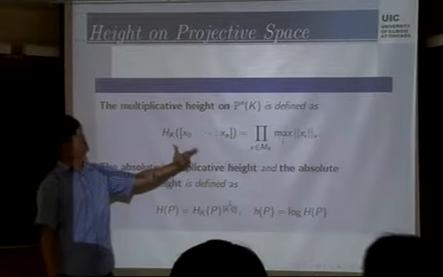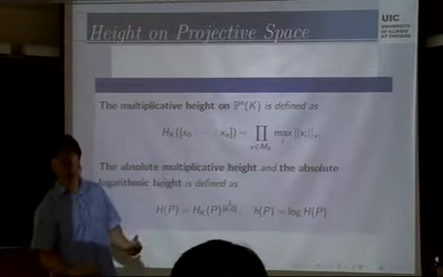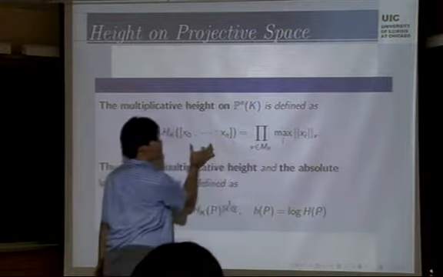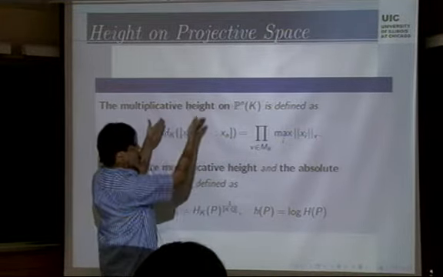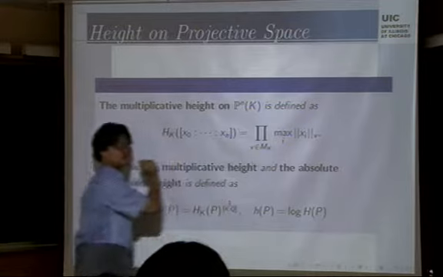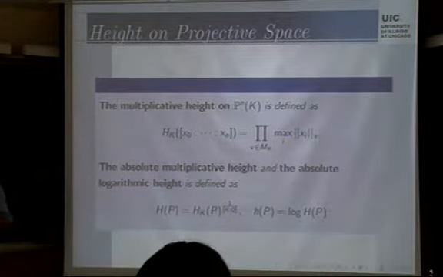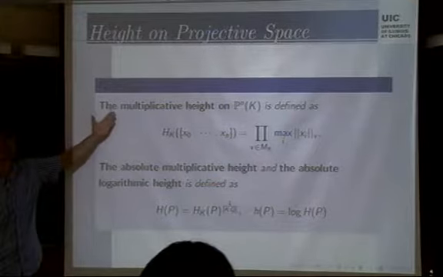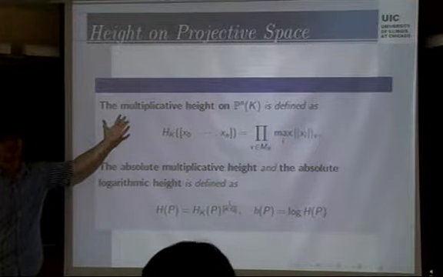So if you have points in projective space, we want to check how many primes are required to represent your numbers, and we check how big your number is by observing your Archimedean parts. That's the multiplicative height function on projective space over a number field.